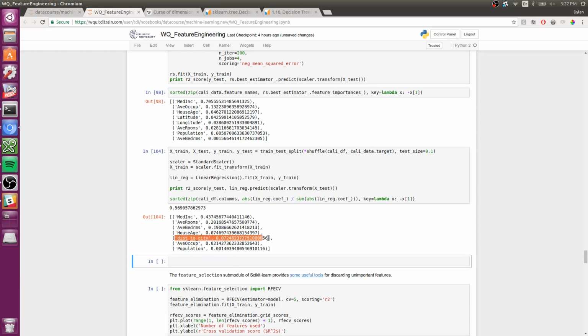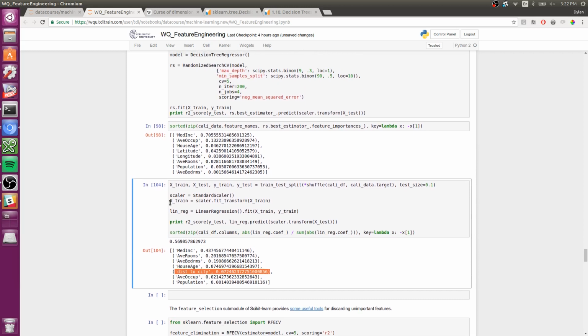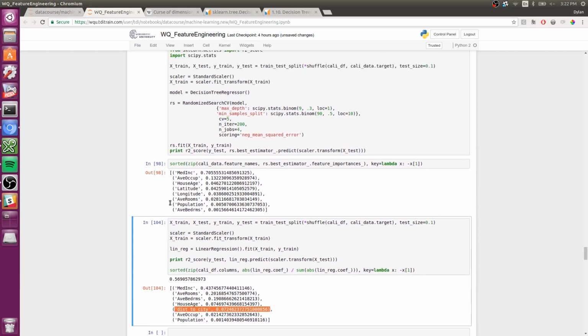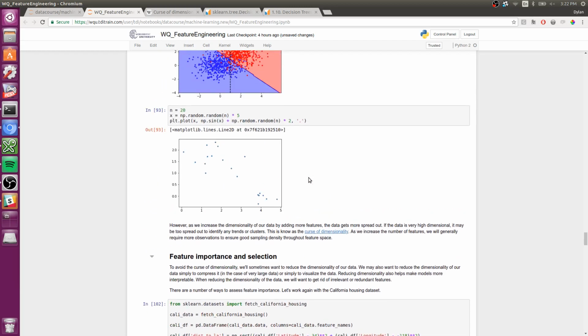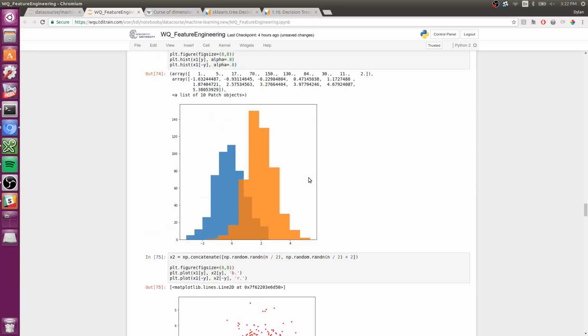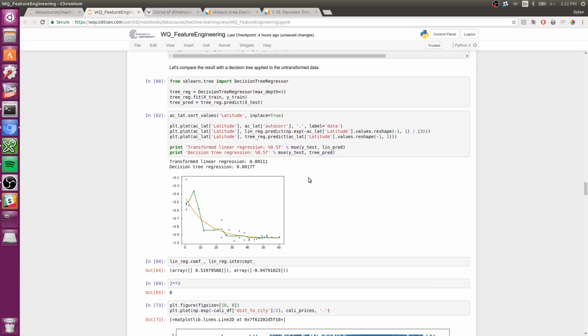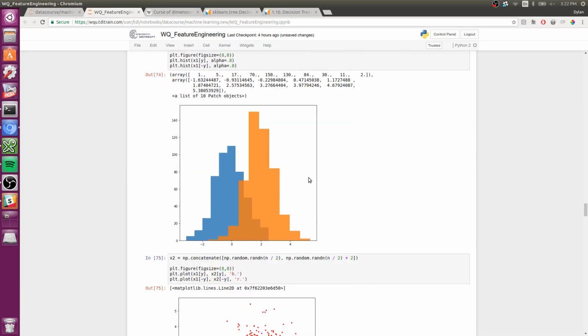Well, to my surprise, our distance to city feature ended up not being very helpful for this linear model. To me, it looked pretty good, but that's the way it goes sometimes.